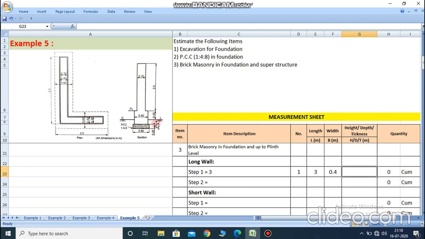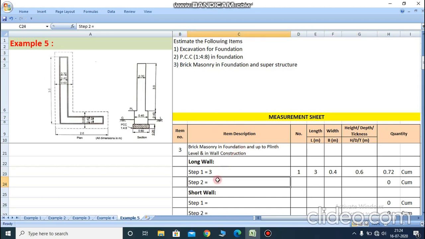Here it is not given, but we take 0.2. Now total height for step 1 is 0.4 plus 0.2, so we write here 0.6 meter as the height.